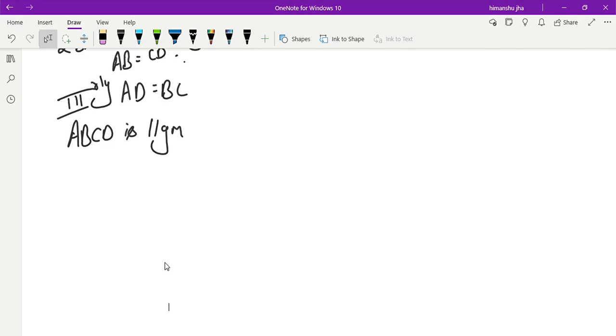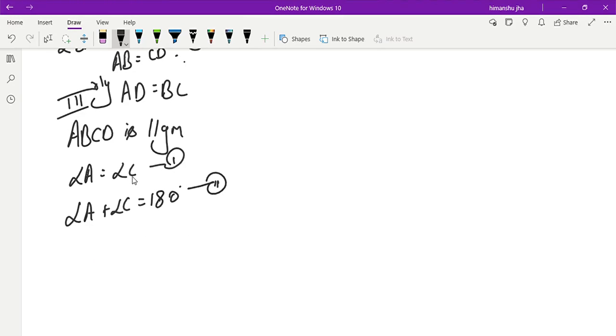Angle A equals angle C, equation number 1, as well as angle A plus angle C equals 180 degrees, equation number 2. Substitute equation 1 in equation 2. So angle A plus angle A equals 180 degrees, so 2 times angle A equals 180 degrees, angle A equals 90 degrees.